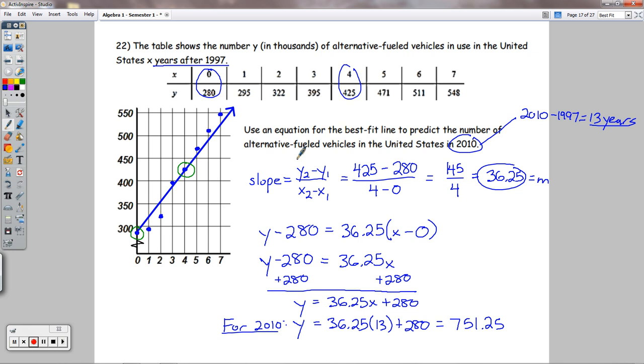And this is in thousands of vehicles, so we would say this many thousands of those alternative fueled vehicles. So that many thousand vehicles.